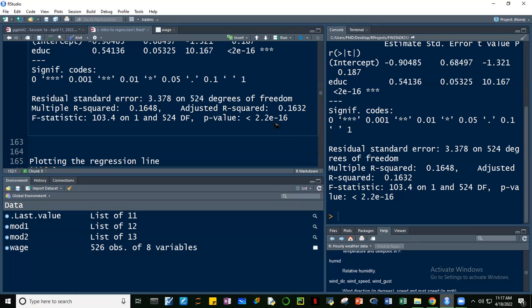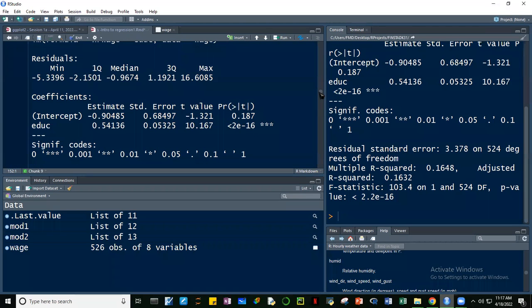And what's our conclusion here? What's our inference here? We reject the null hypothesis that B0 is equal to B1 is equal to 0. We reject that all the parameters are equal to 0. There's strong reason to believe that at least one of these is not equal to 0. Okay, and that's your education. Ito yun, 0.54.